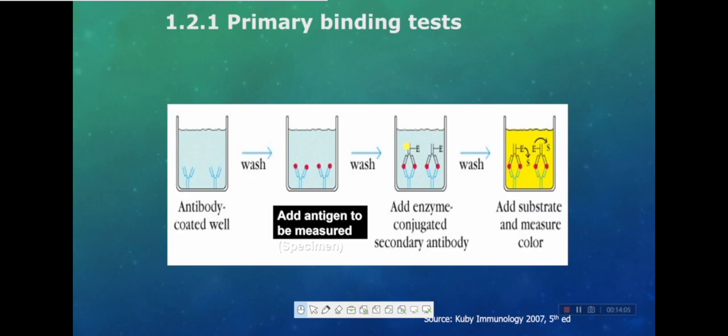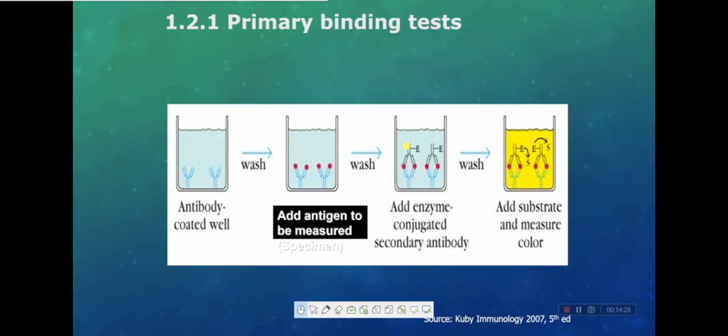So let's talk about the principle of ELISA. As the name suggests, ELISA, which means enzyme linked immunosorbent assay, uses an enzyme system to show the specific combination of an antigen with its antibody. The enzyme system consists of an enzyme which is labeled or linked to a specific antigen or antibody.